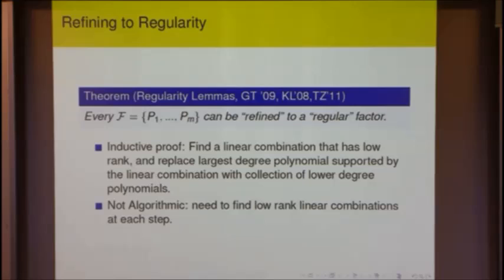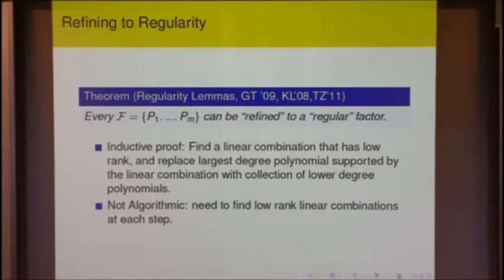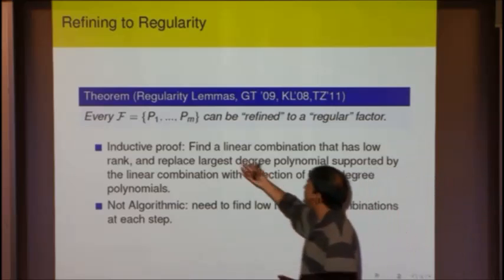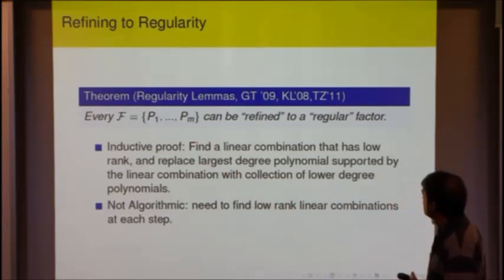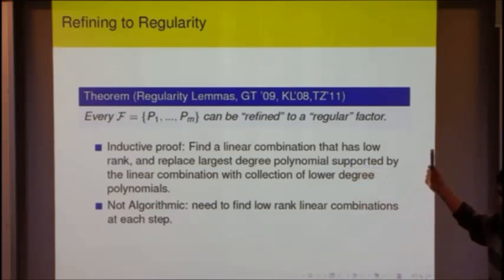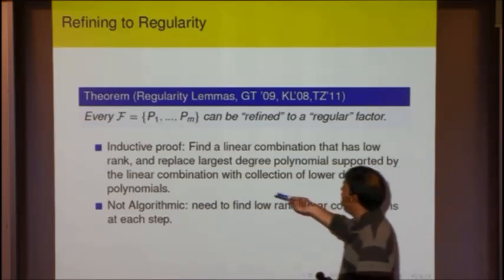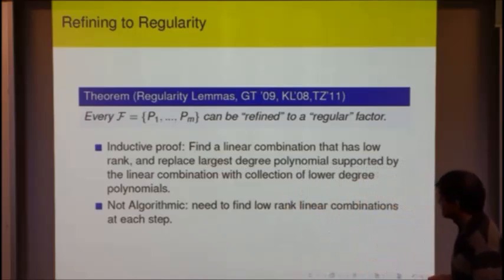And this proof is very easy. It's just an inductive proof. You start with any collection of polynomials, and if it's not regular, it means that there's some linear combination which has low rank. So suppose P1 is involved in that linear combination, and without loss of generality, suppose P1 has the largest degree.